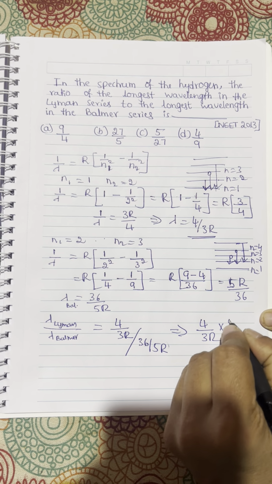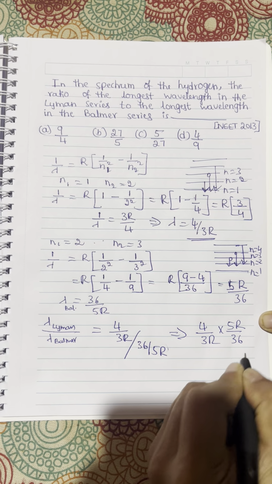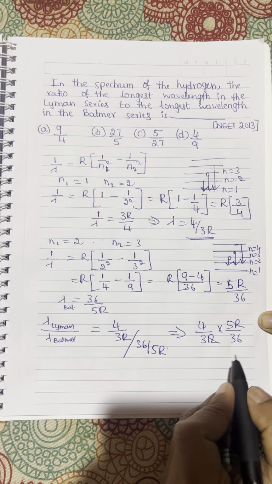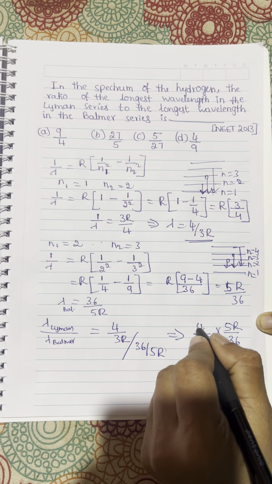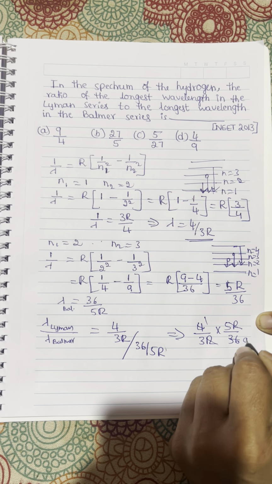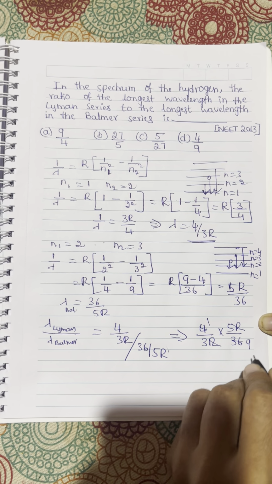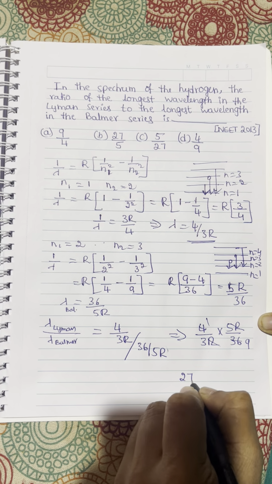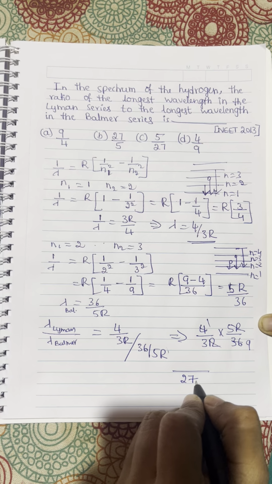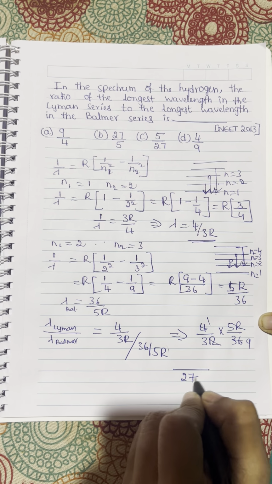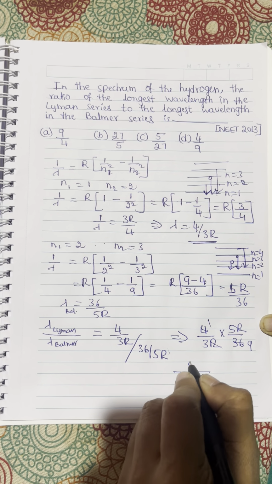Here R cancels, and 4 nines are 36, so 9, and 9 times 3 is 27. In the denominator it is 27 and in the numerator it is 5.